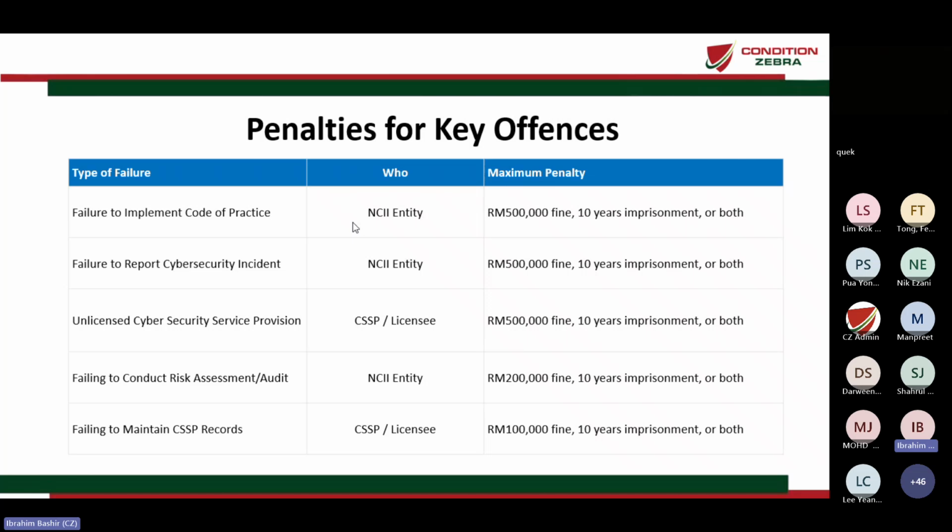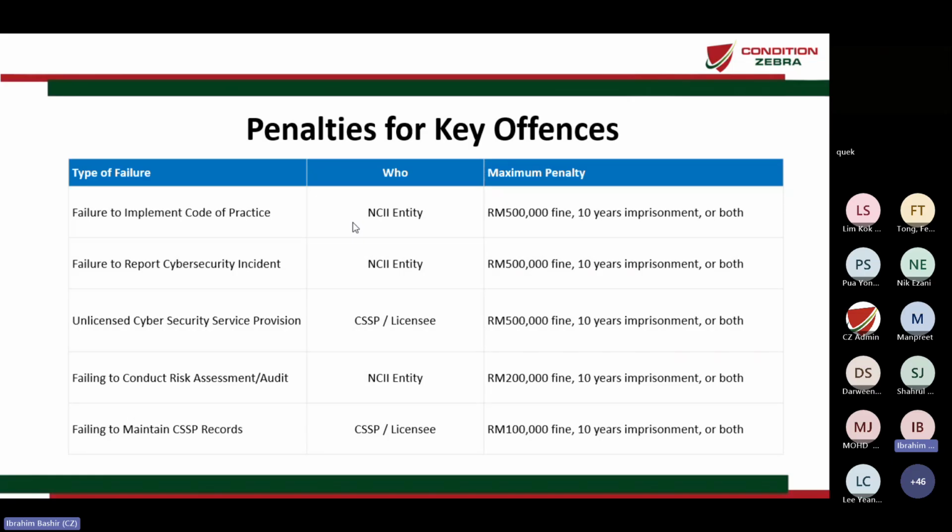So if the organization fails to implement this, there is a fine of 500,000 ringgit, 10 years imprisonment, or both. Next, failure to report a cybersecurity incident. According to NCII, there's a 500,000 ringgit fine and 10 years imprisonment, or both.